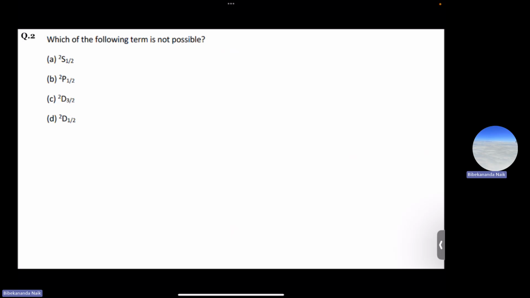This question is based on the concept of spectroscopic terms arising from LS coupling. If you remember the concept of LS coupling, it will be easier for you to solve this question, because in LS coupling the spectroscopic notation is 2S plus 1 L J.